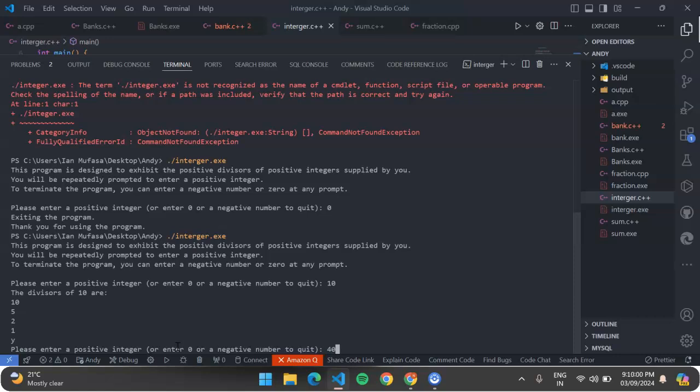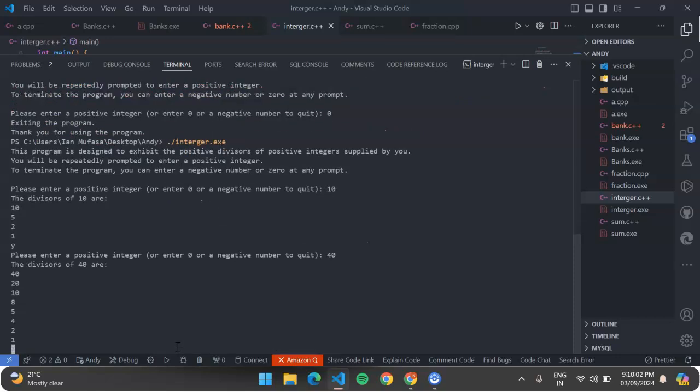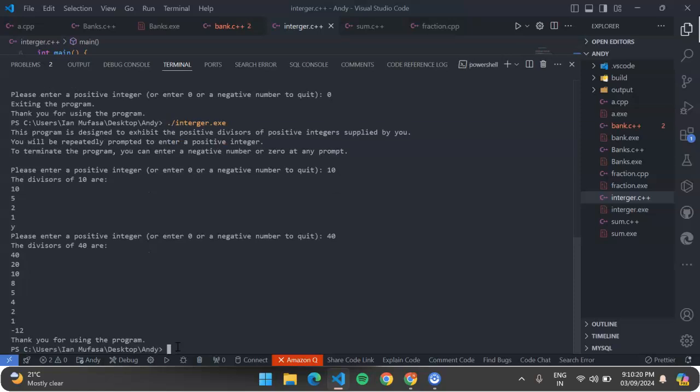I put 40. It provides me with the divisors. Let me put in negative 12. It terminates the program automatically by saying thank you for using this program. Yes, thank you. And that is my presentation.